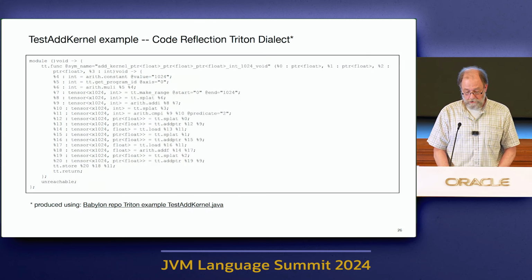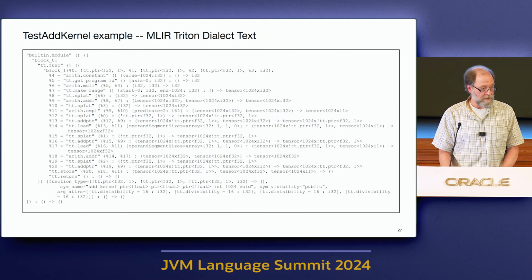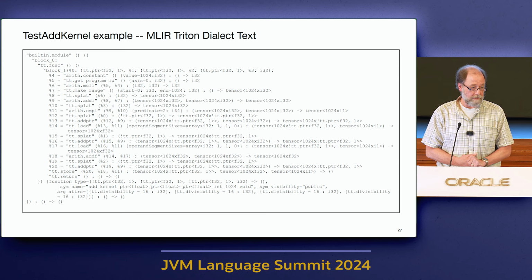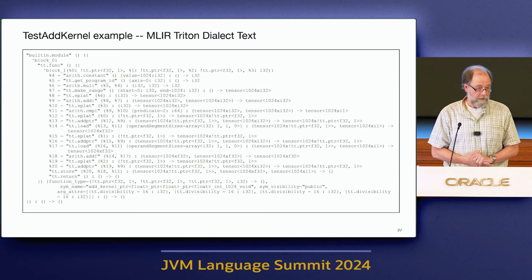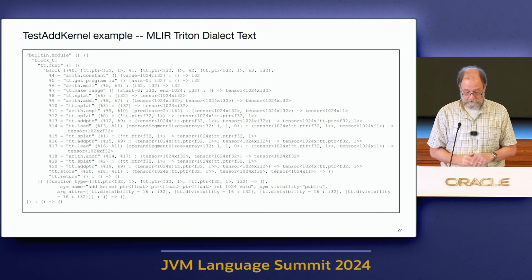Here's the code reflection produced by just asking for the code model of that small Triton kernel. And that gets translated by this POC to this code. And it's not that much different. It's just that this is now legal Triton code, and we could submit it to presumably anything that consumes Triton MLIR.